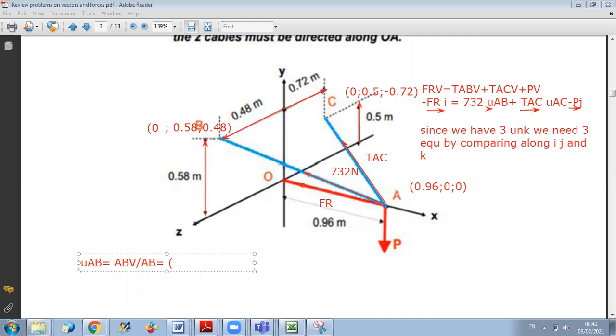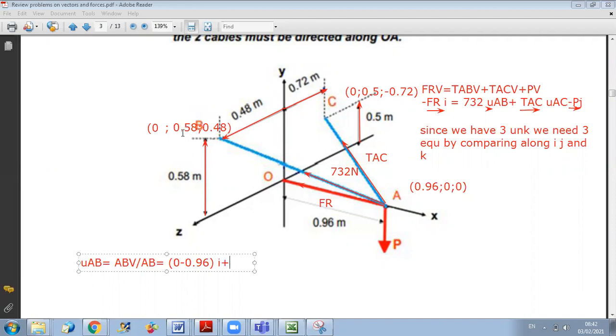So first, what is X of B? It's 0. So 0 minus 0.96 along i, plus along j, what do I have?